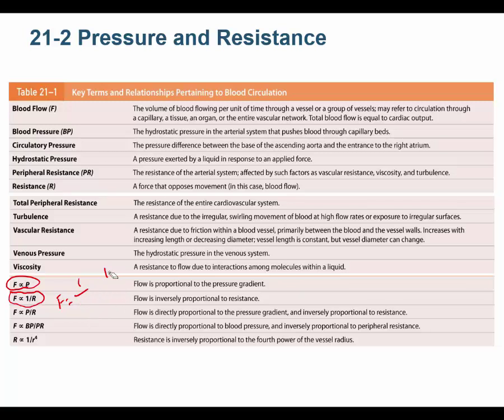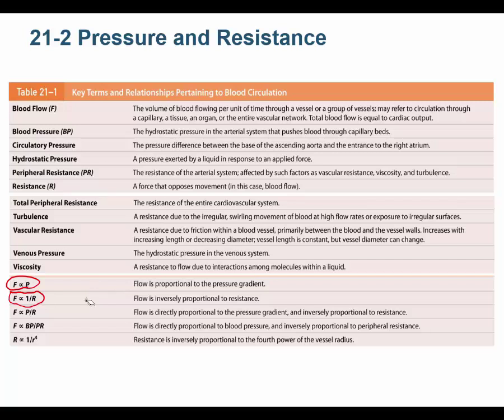And the resistance is controlled in your body by vasoconstricting or vasodilating your arterioles. That's where resistance is controlled. So if you vasoconstrict your arterioles, then you've just decreased flow because you've increased resistance. And if you vasodilate your arterioles, then you've increased flow because you've decreased your resistance.